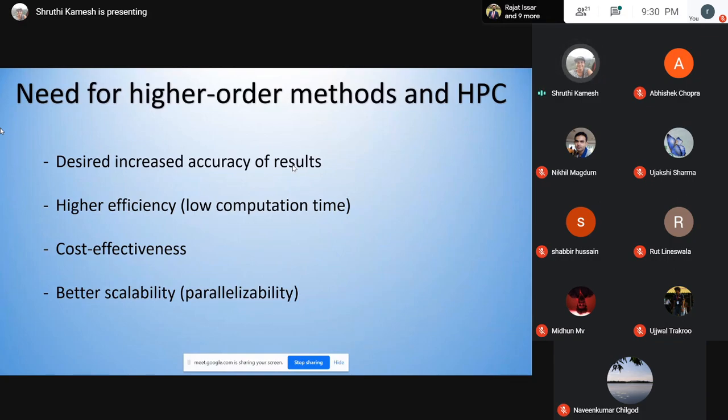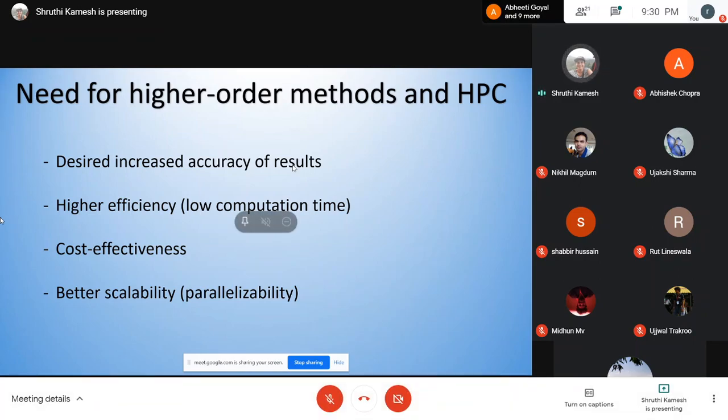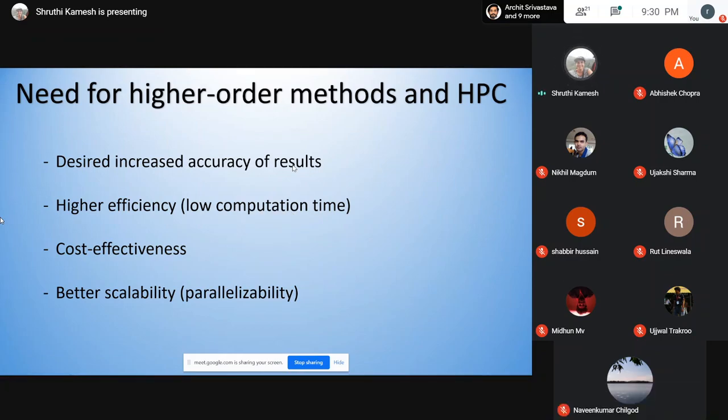Higher order methods, as I said: suppose you're in academia, designing a pipe system, even as simple as a pipe system, or you're a pipe engineer and you see that you're not able to pass your fluid through. I'm experiencing certain delays over the water line. I cannot go to every single point and figure out the defects, so I want to see what I can do from a simulation perspective.